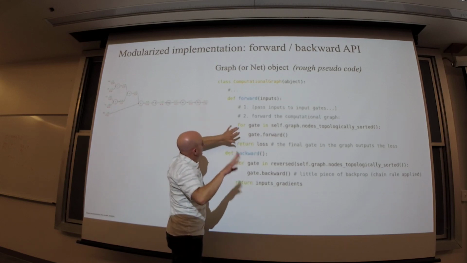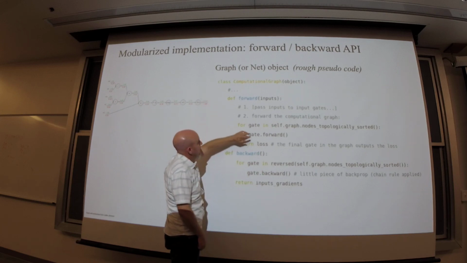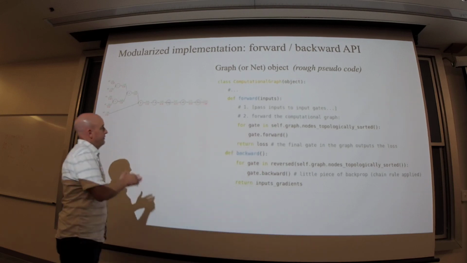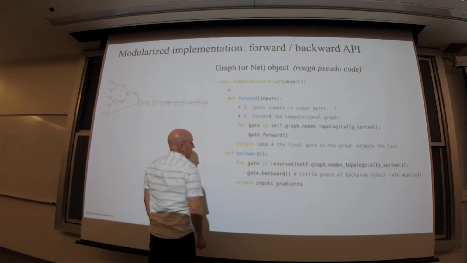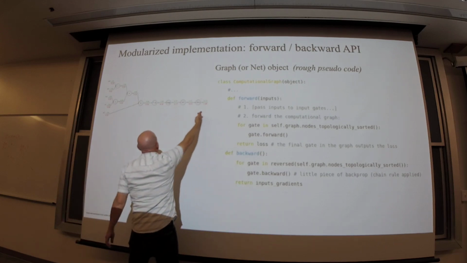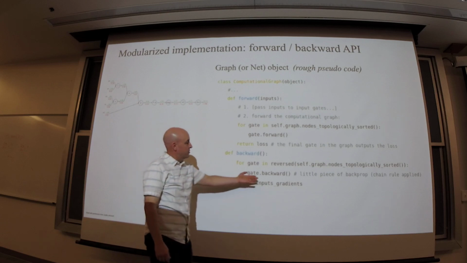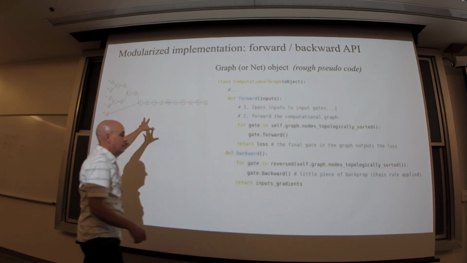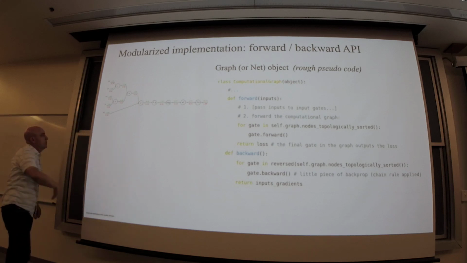And if there's a computation for a loss function, then the final value coming out of this forward pass is our loss. Backward, we just want to work our way exactly backward through this computation. It's the same thing. There's some notion of how to do the backward pass for each of the nodes. And when we get back to the start, we have our gradients for all the inputs.